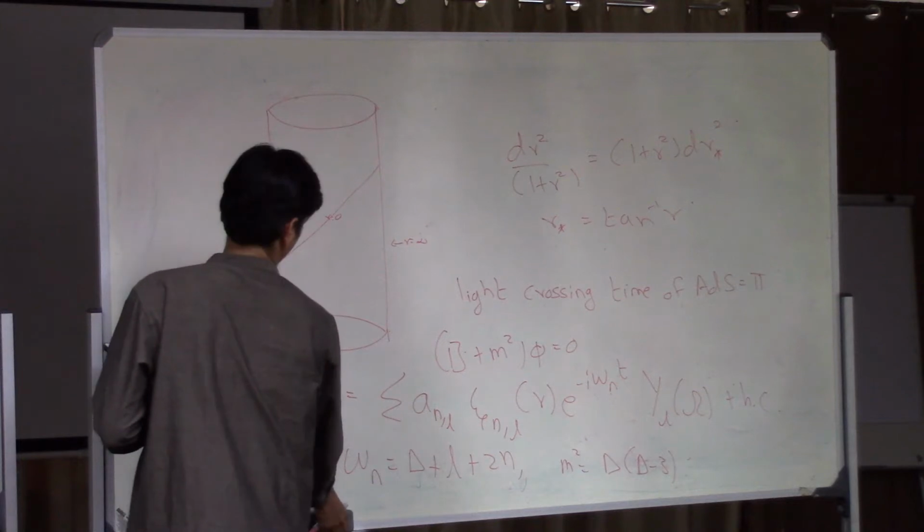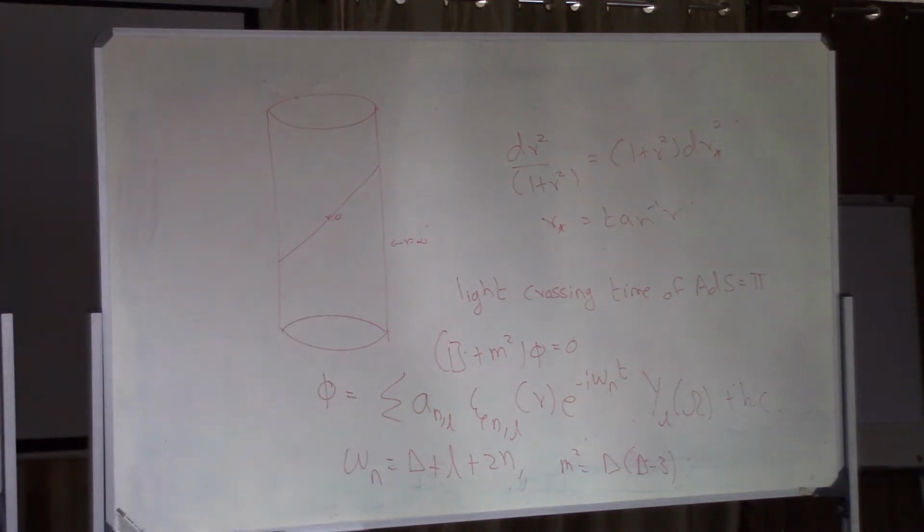Now let me say one more thing. One standard part of the dictionary that goes into the AdS/CFT correspondence is to say that the boundary limit of bulk operators is given by a boundary operator.